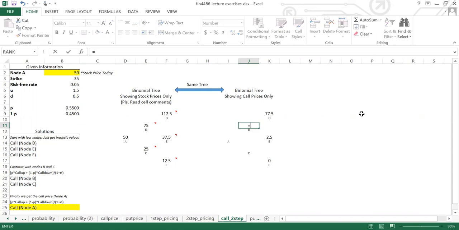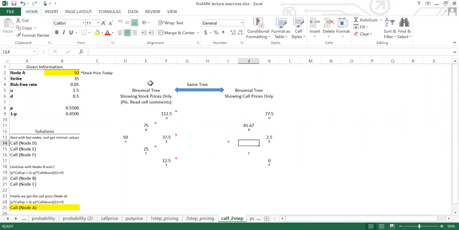Here we just use the formula, which is probability that the price of a stock moves up, multiplied by the price of the call option in this good state of the world, plus probability 1 minus p that the stock price instead would move down, multiplied by the call option price in that bad state of the world. Finally, we just close all of this in parentheses and we divide this by 1 plus 0.05. And what we're doing by dividing by 1.05 once again is we're just getting the present value.